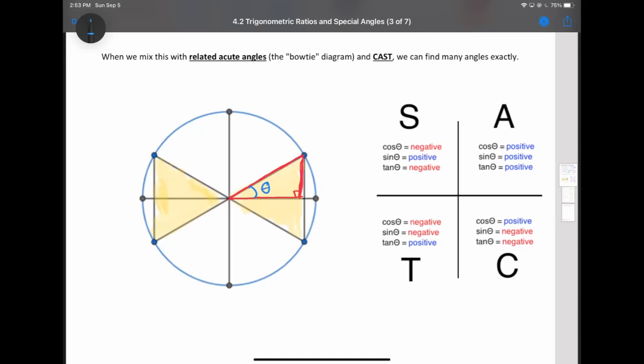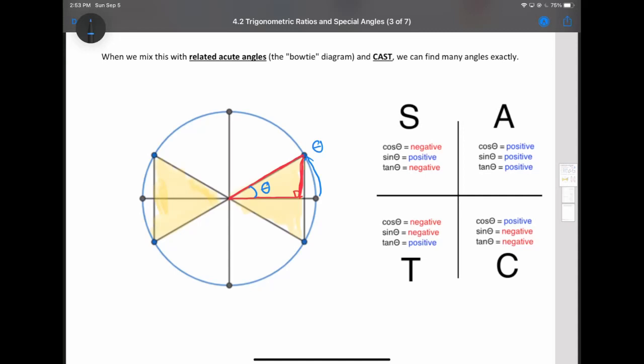I guess we're not pretending, we're defining, so we can do whatever we want. If that's theta, then I'm going to label it out here as well, to show that by the time we've gone this far around the circle, we've gone theta degrees, or theta radians, whichever angle measurement we want to use.